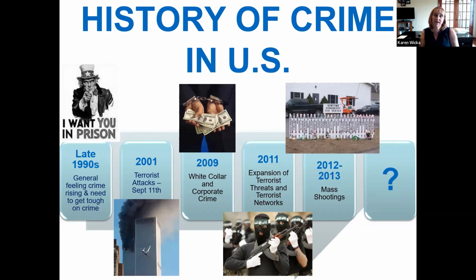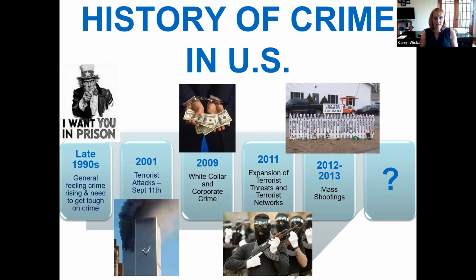In 2001, obviously, we had the attack on the World Trade Center, and we had a huge shift away from local crime and much more to the national crime of terrorism. In the 2009 time period, we started shifting much more focus to white collar crime and corporations taking advantage of people. 2011, again, terrorism.